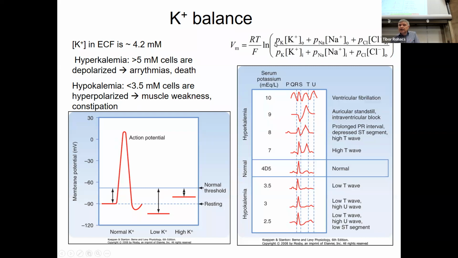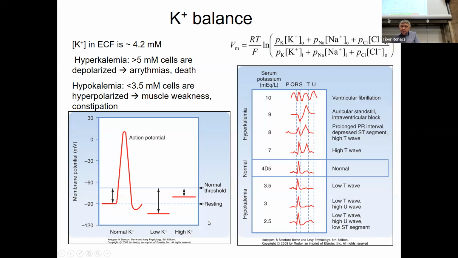So you can imagine that something that has a very high permeability, like potassium, has an outsized influence on the membrane potential. Normally, most cells are more permeable to potassium than any other ion. Therefore, how much potassium you have in the extracellular fluid is a very important determinant of the basal membrane potential.